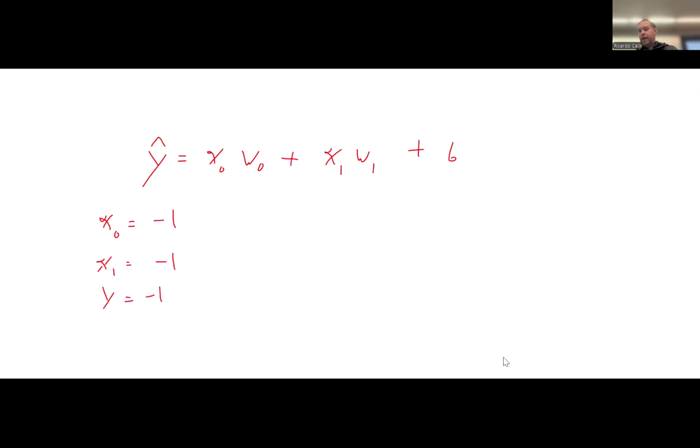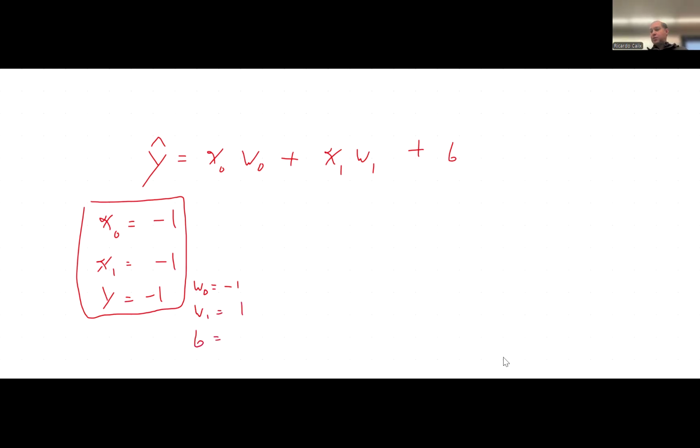Okay, so we have that. And then we've also learned the parameters in this scenario. The parameters are going to be W0 equal -1, W1 equals 1, and the bias is going to be equal 1. Do you guys see that?